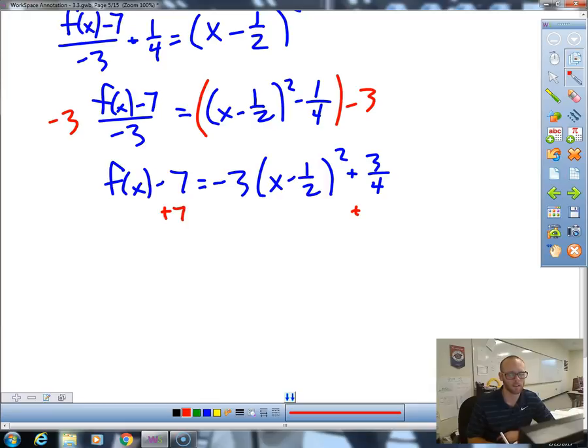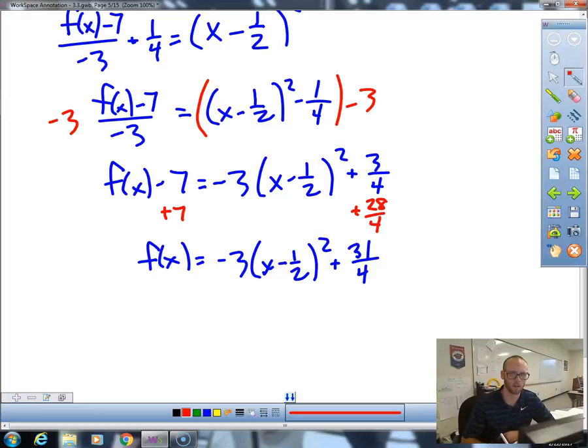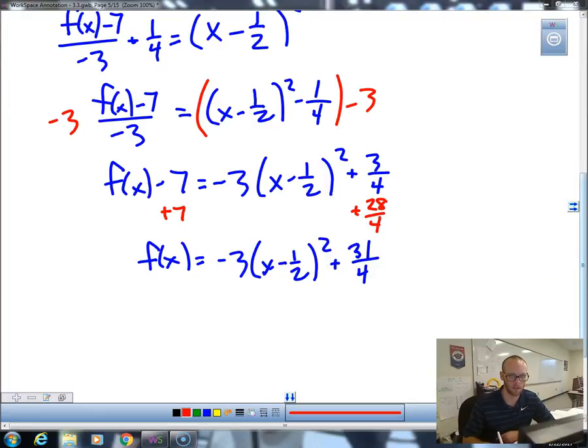Alright, now I need to think in terms of 4 sevens is what, 28/4. Negative 3 times x minus 1/2 squared plus 31/4. Very good.